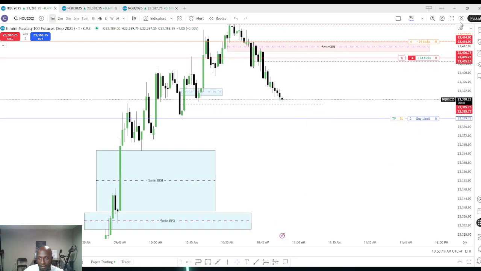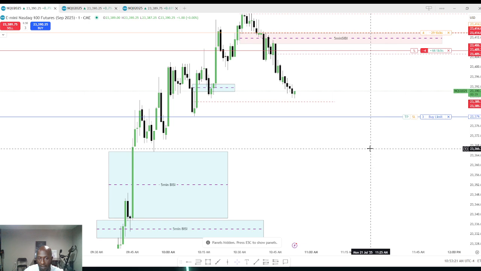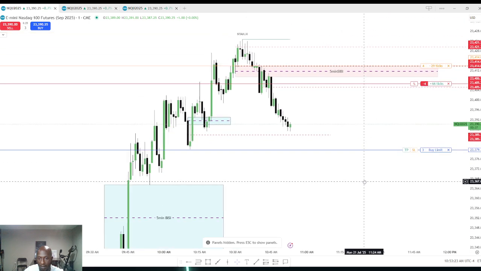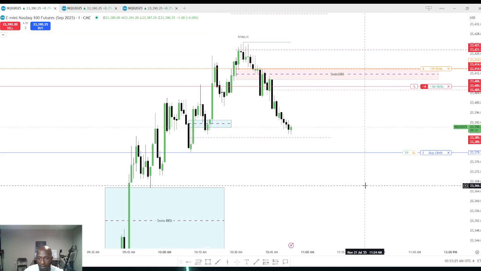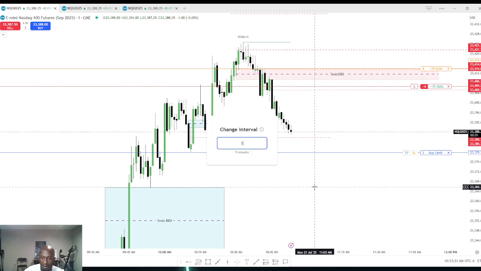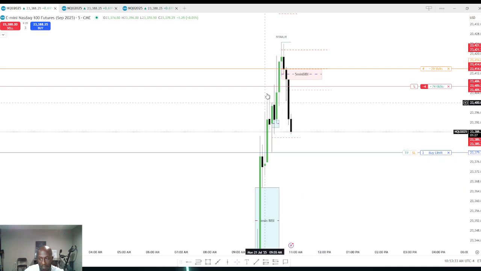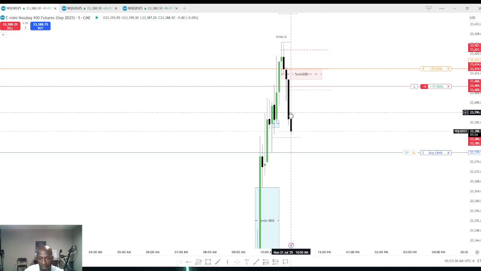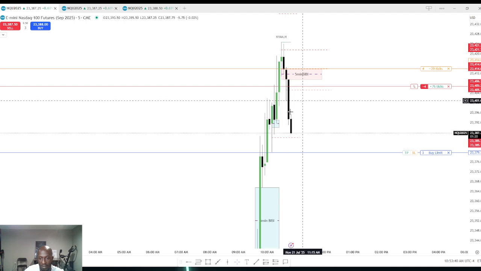Again, I want to see something close below that. I don't want to see it go back up here like at all. But we are creating a BISI on the 5, or a SIBI on the 5 minute.